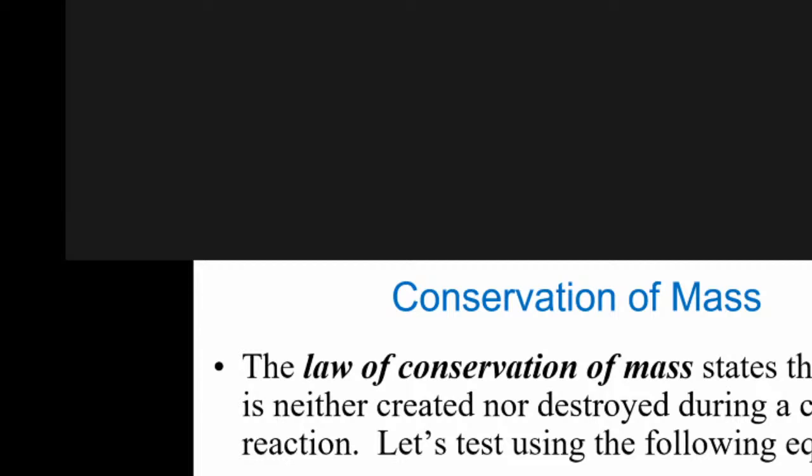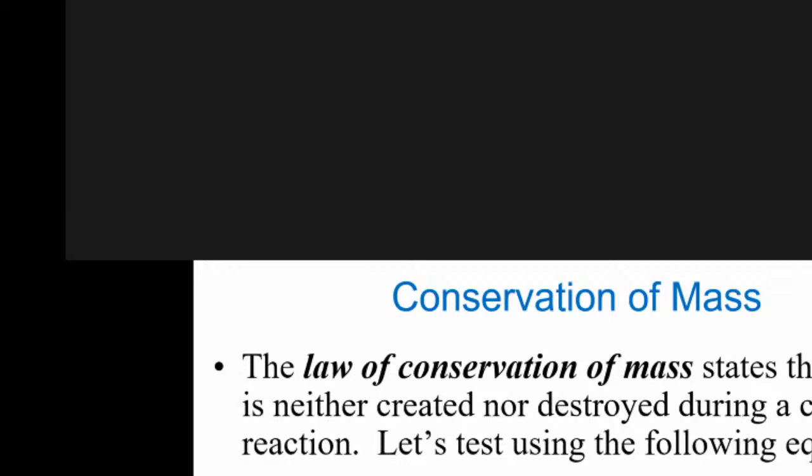If you add them up and find the molar mass for NO2 gas, it is 46.01 for each one, times 2, you see 92.02. Mass is conserved. That's what we're talking about here. The mass of the reactants is equal to the mass of the product.